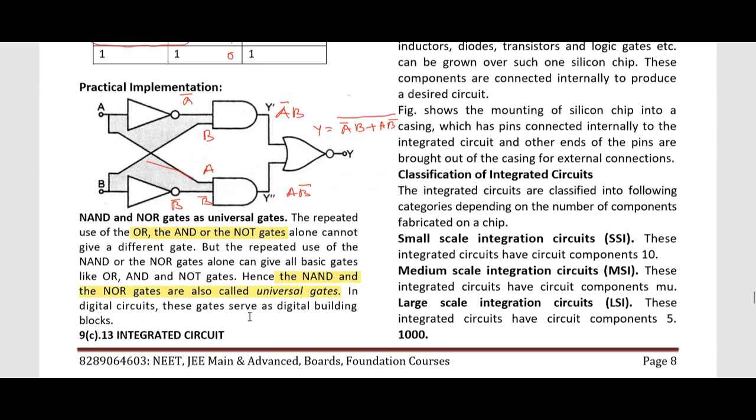In digital circuits, these gates serve as digital building blocks. This is a very important question. Note down this line. It is a 1 mark question, or it's good for your knowledge. NAND and NOR are universal gates. Universal means all other gates can be derived from NAND and NOR gates.